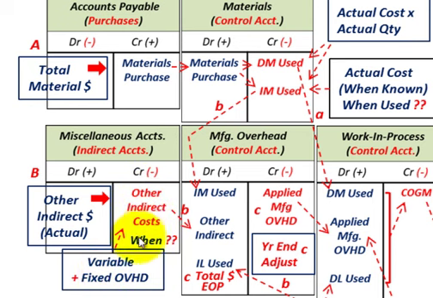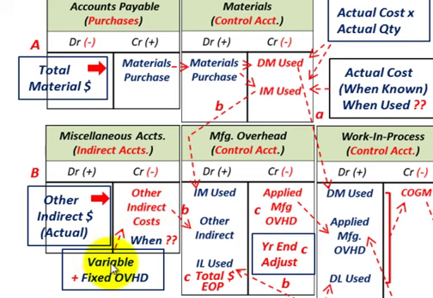We don't always know when a product, or that order, is going through a particular operation what those indirect costs are. So the question is, when do we know these indirect costs? Nonetheless, by the end of the period, we should know what they are.